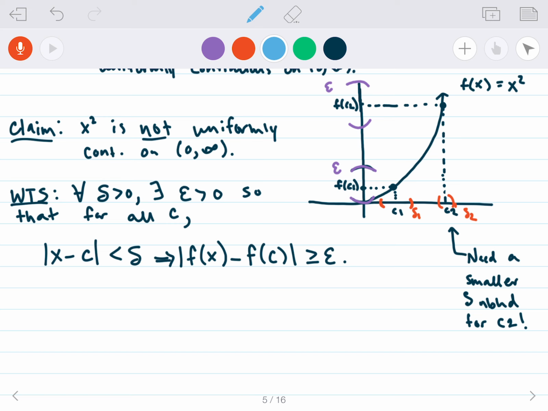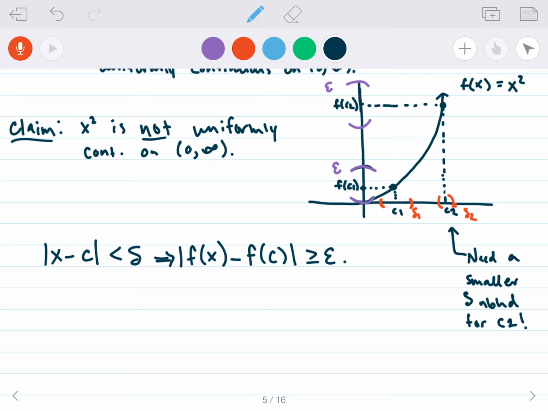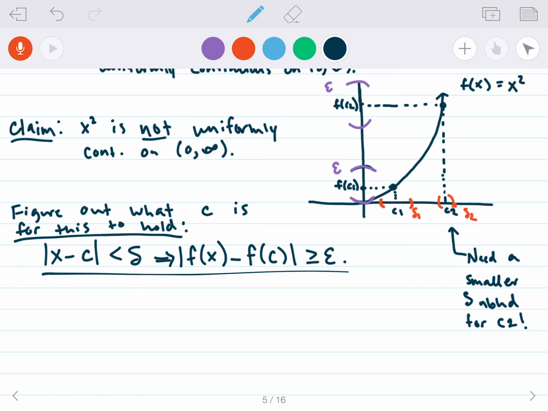So we want to figure out what c is for this statement to hold. Maybe I should write it like this. Let's erase this. Okay, so we want to break the definition of uniform continuity by showing that there is some c for which this holds true.